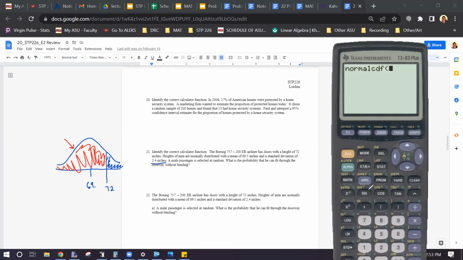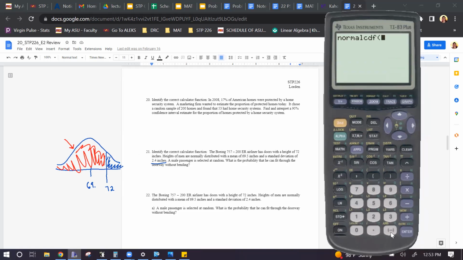So I want to do normal CDF of negative infinity, so I'm going to do negative 99999, comma, the tallest person who'd fit through the door would be 72 inches tall. And then my average here is 69.5. My standard deviation is 2.4.